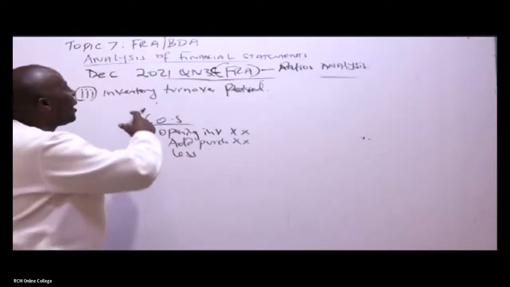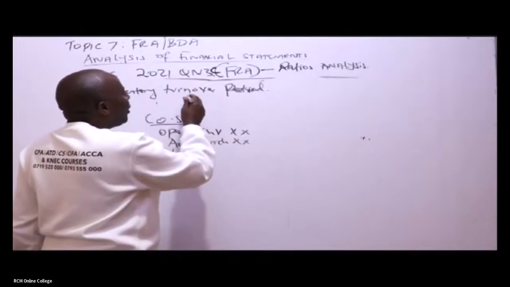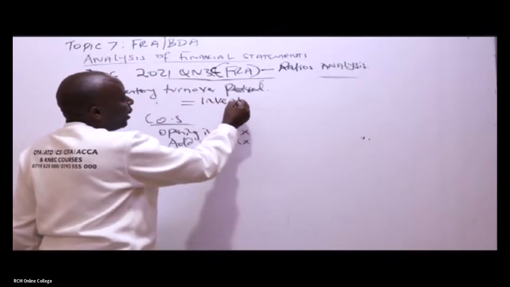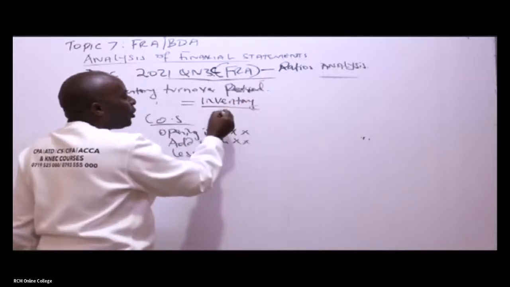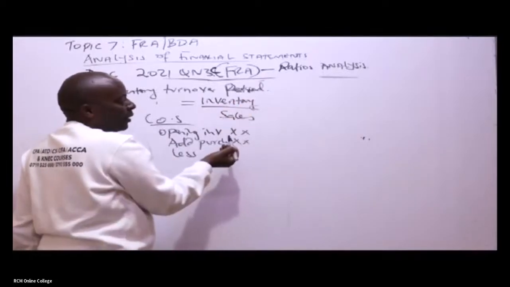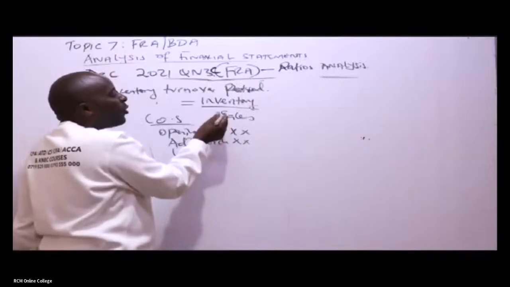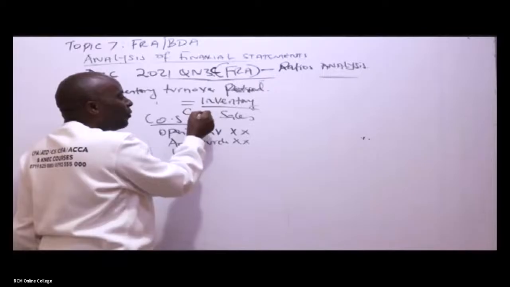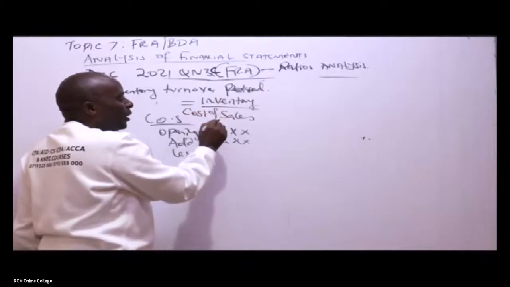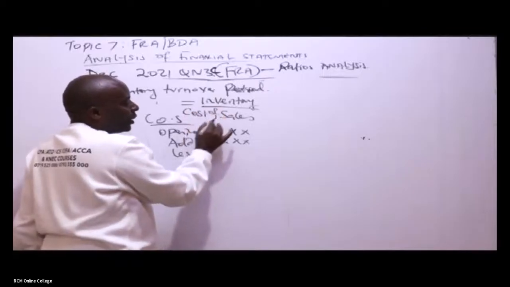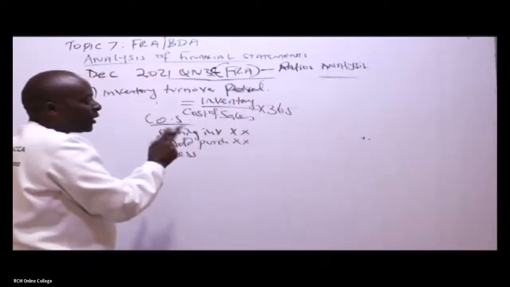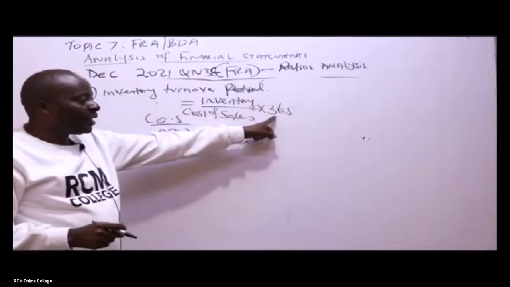So whenever we have this kind of arrangement, I will write the formula. It's supposed to be inventory over sales because turnover is sales, but inventory cannot be in sales. I know inventory will be under cost of sales. So inventory over cost of sales times 365, because they have told us period, and you must be careful of the number of days in the year.